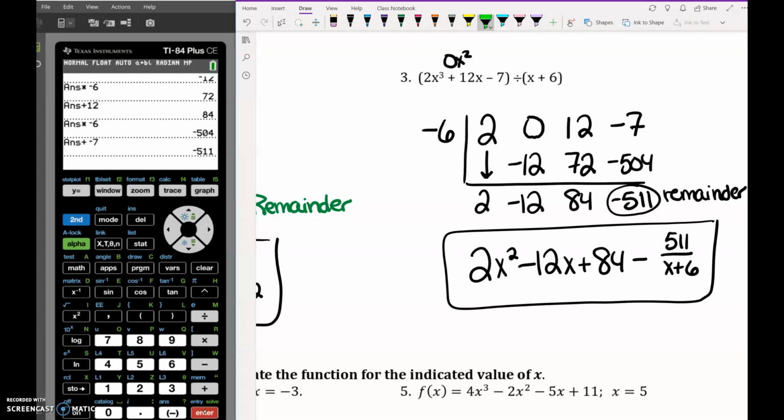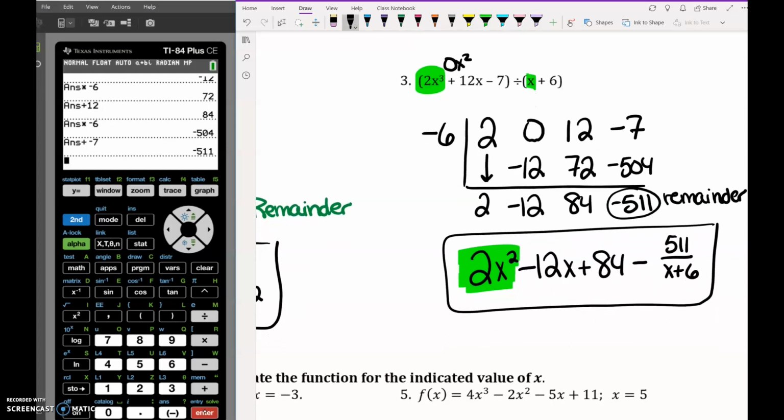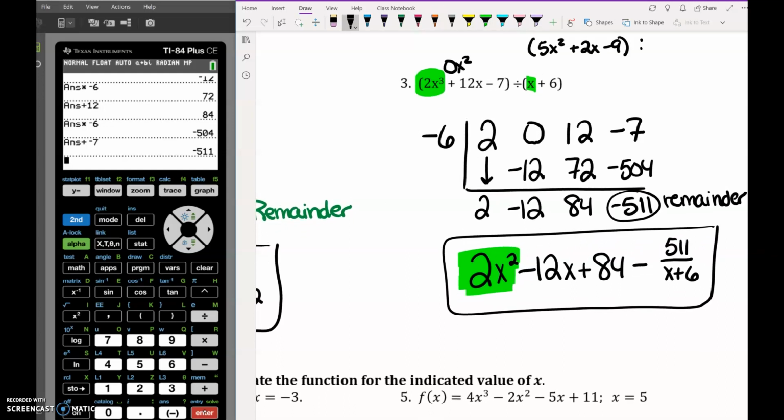Now, notice we started with an x to the third term and divided by x. So our answer was 2x squared. We started with x squared. What if we started up here with like 5x squared plus 2x minus 9 divided by x minus 2?